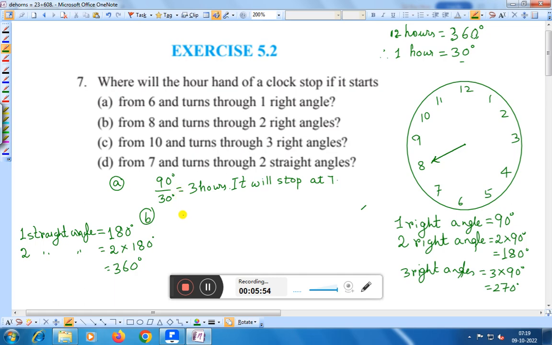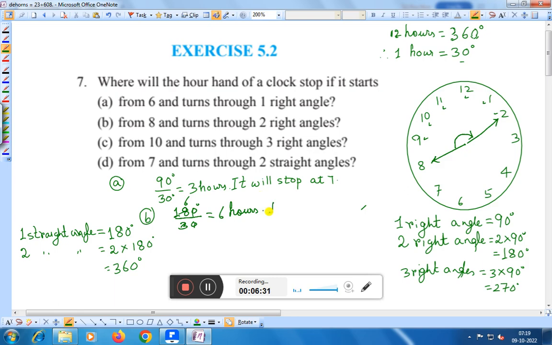Two right angles means 180 degree. If you divide 180 by 30, 3 6 18, that is 6 hours. Now we'll count from 8, 6 hours: 1, 2, 3, 4, 5, 6. That means it goes to 2.